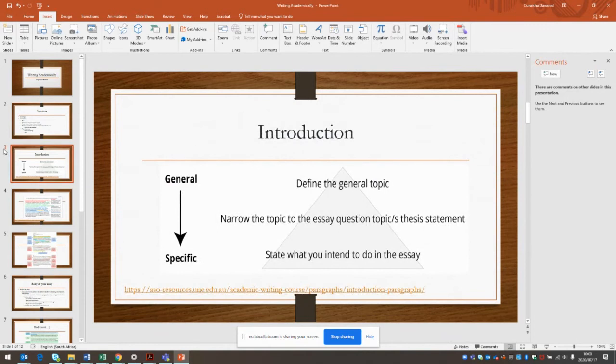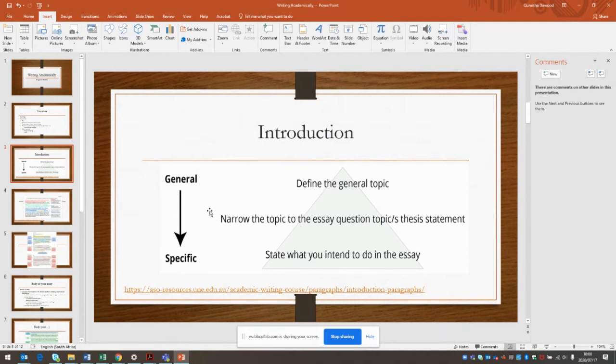You can see that in this diagram. So generally, we want to go from general to the specific. First you define the general topic, or for example, you want to start off with global culture, so you'll talk about what global culture is, and then narrow the topic down to the essay question or your thesis statement.